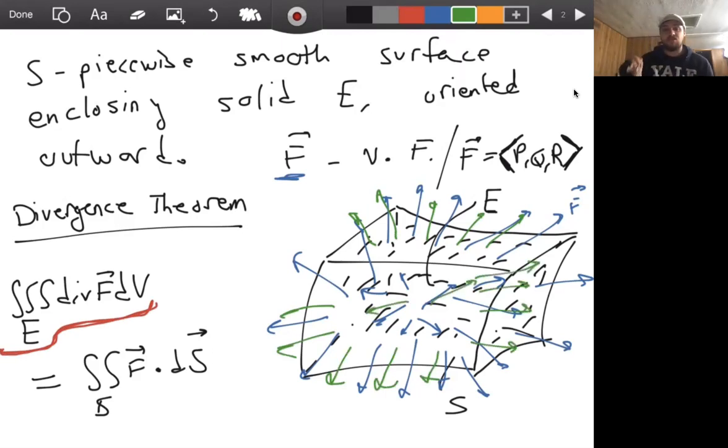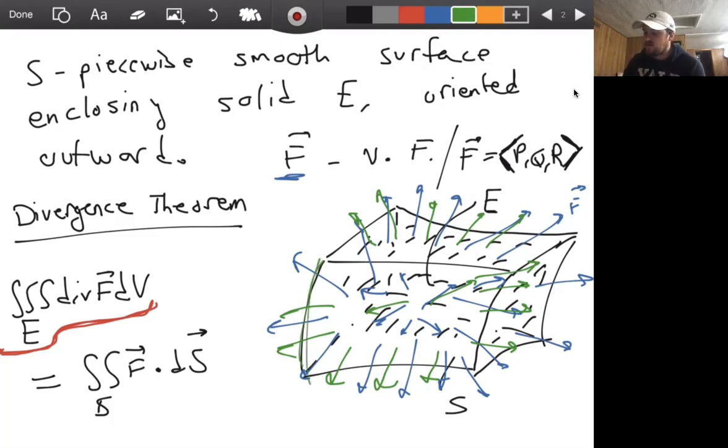And this makes sense intuitively, because what is the divergence measuring? The divergence is measuring the outflowingness, right? And so it's how much is flowing out of this solid. It's measuring the extent of outflowingness of a vector field over this solid. But then flux is measuring the net rate of flow through some surface, right?